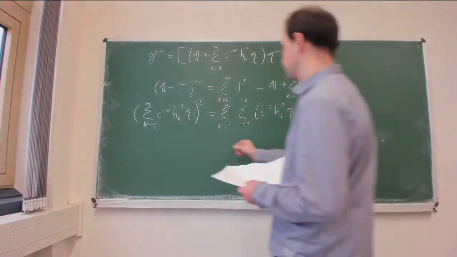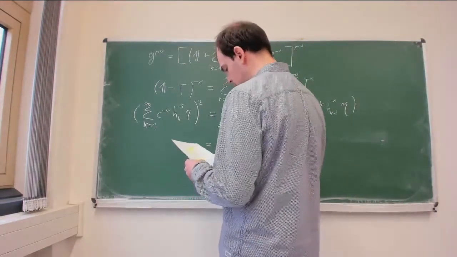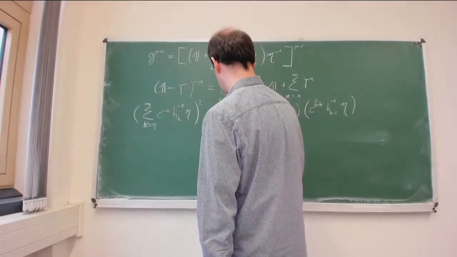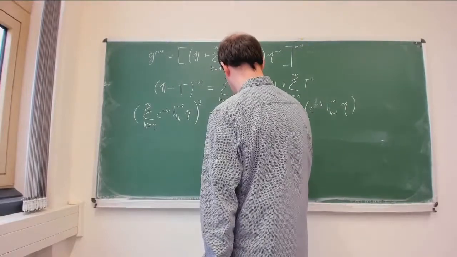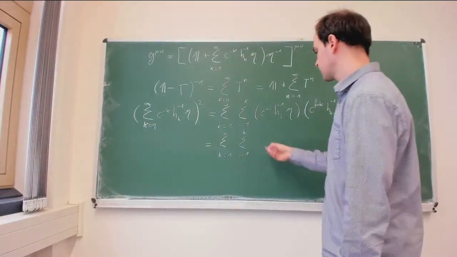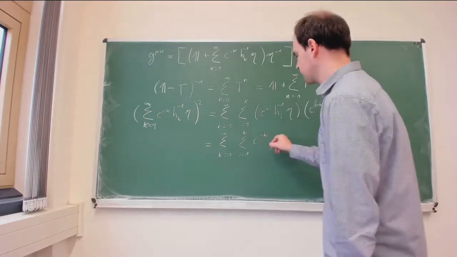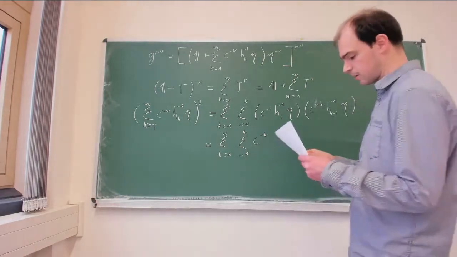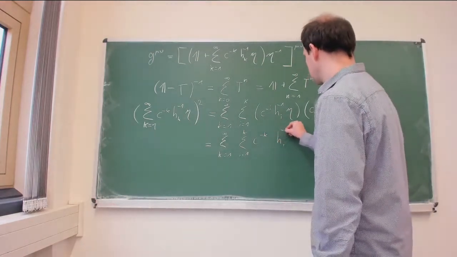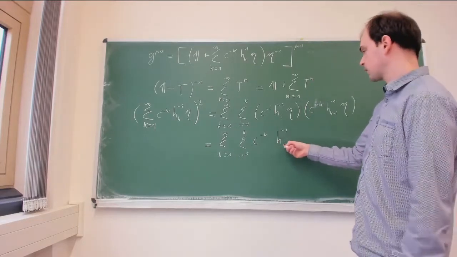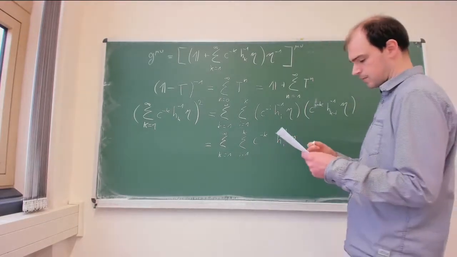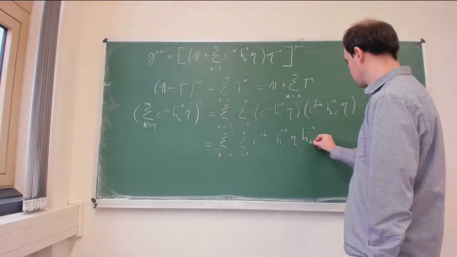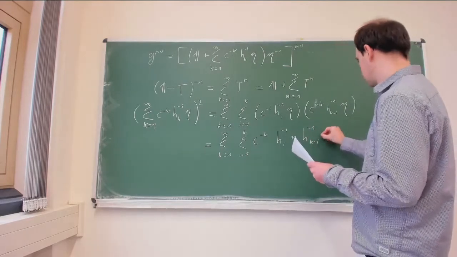So in fact we get this series with coefficients c to the power minus k, and then we have an expression here that is H inverse matrix I, eta, H inverse matrix k minus I, eta.